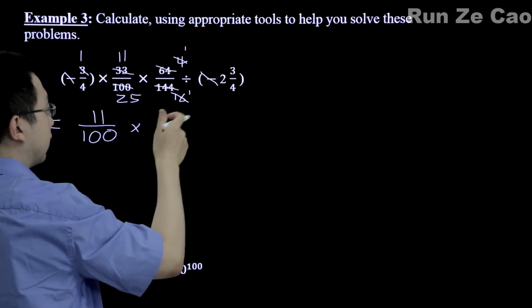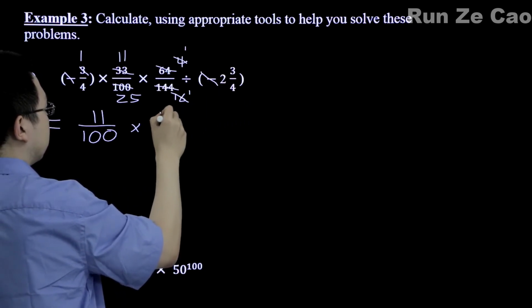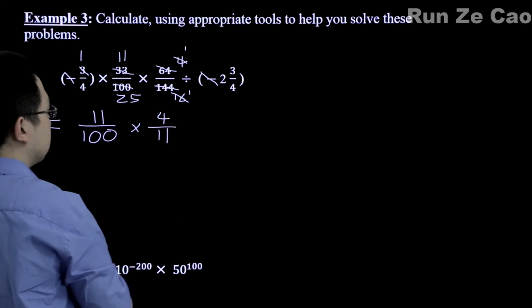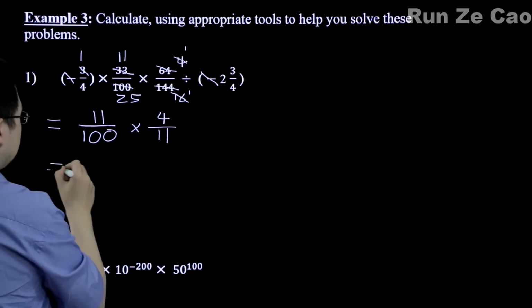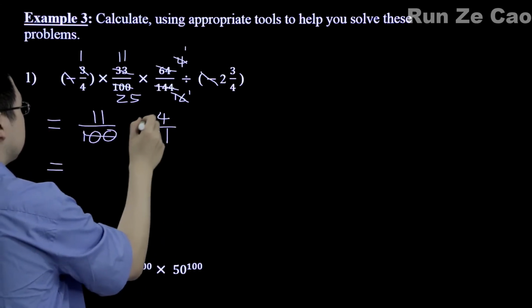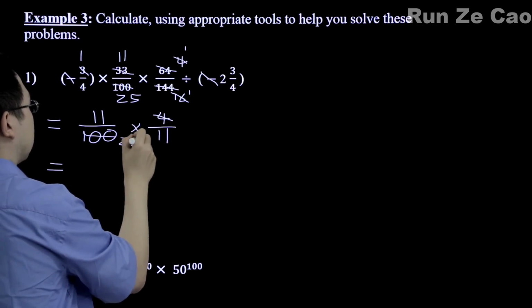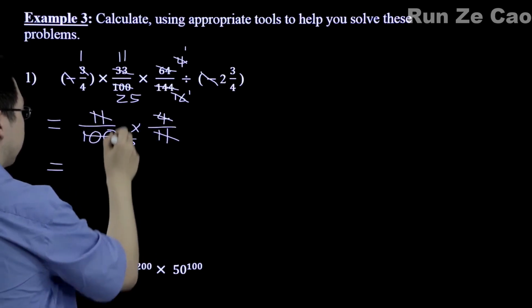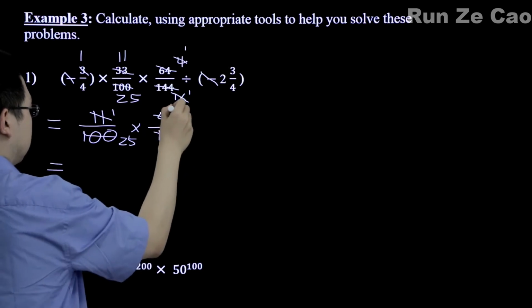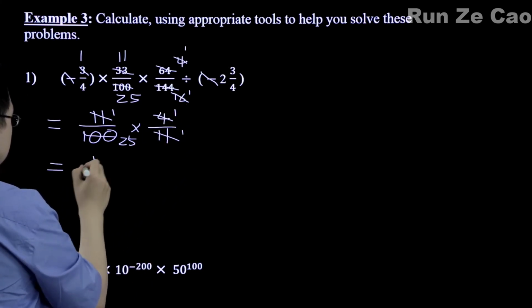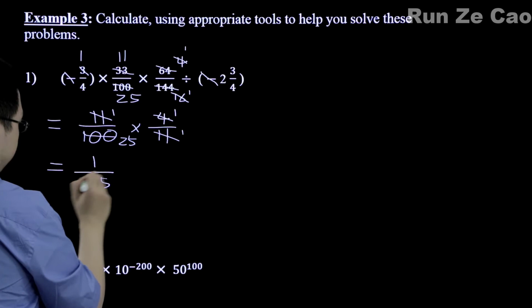So when we flip, that would mean 4 over 11. And this means, once again, this cancels down to 25, and these 2 are canceled completely to 1 and 1. So this comes out to 1 over 25.